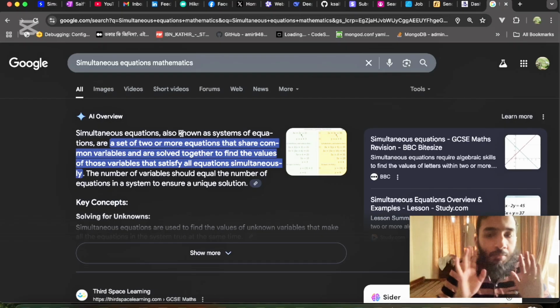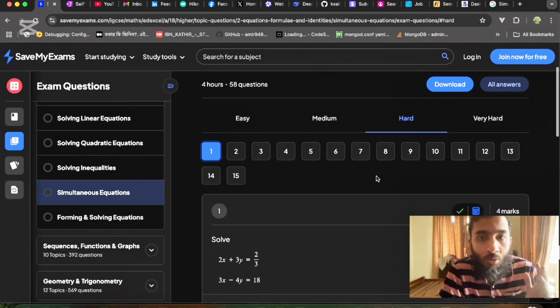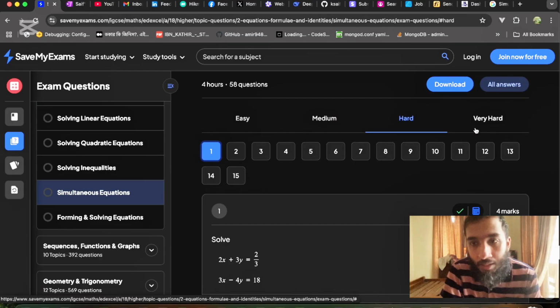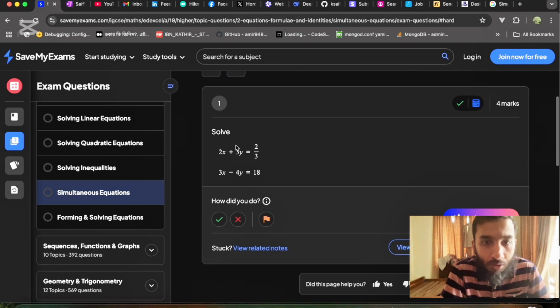So this is a brief overview, and if I go to the problem solving now, there are four categories here: easy, medium, hard, and very hard. I'll focus on the first problem of the hard category. There are two equations given with two variables x and y. You have to solve for the values of x and y.